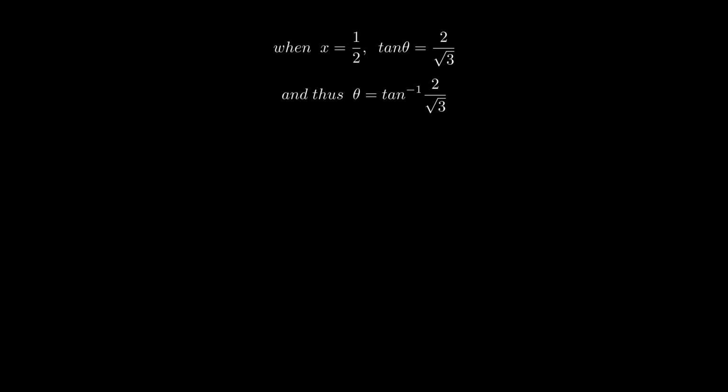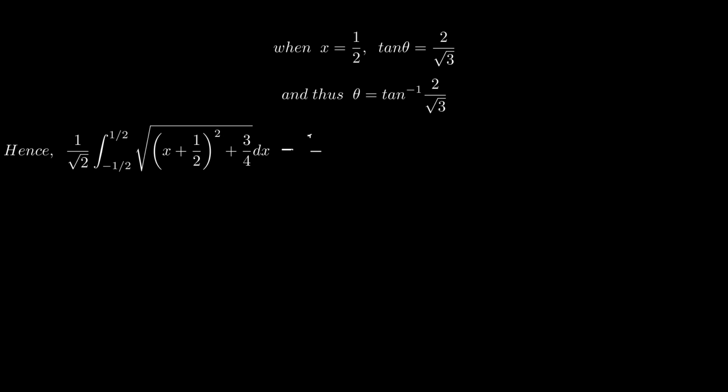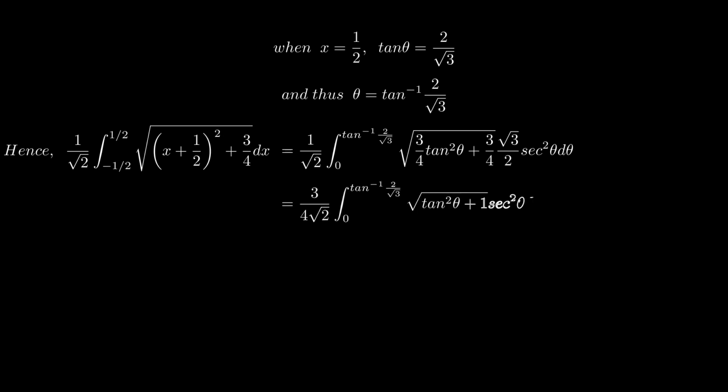And so now we can substitute the limits and the value of x by substituting in the theta component, which now allows us to integrate it in such a way that it's 1 over root 2 from 0 to arctangent of 2 over root 3, square root of 3 over 4 times tan squared theta plus 3 over 4, and then we substitute in the dx value, which is root 3 over 2 sec squared theta d theta.